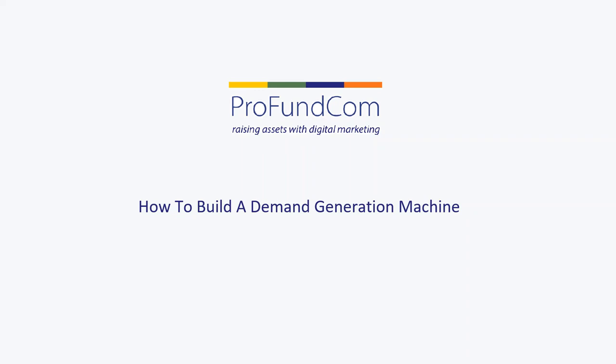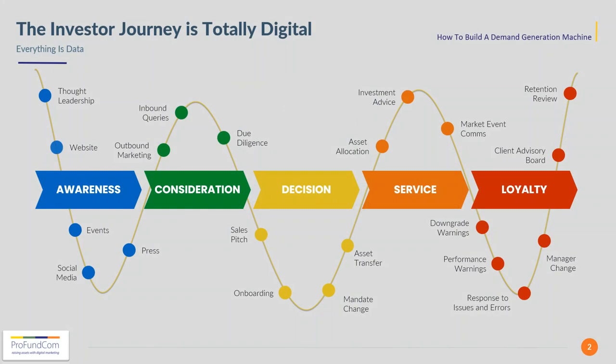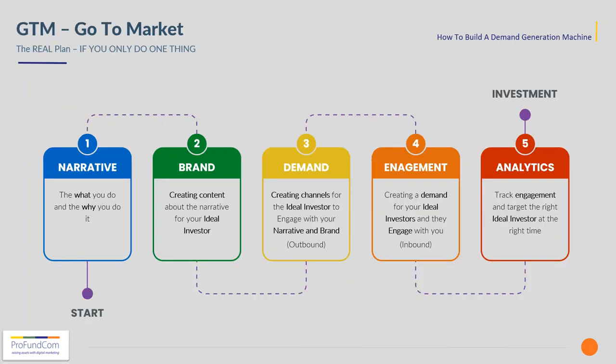For those of you following the course, you'll know by now that we talk a lot about the investor journey being completely digital. The next thing we look at is the stages of the go-to-market plan. You've just got to split your marketing into these 5 very segmented steps.